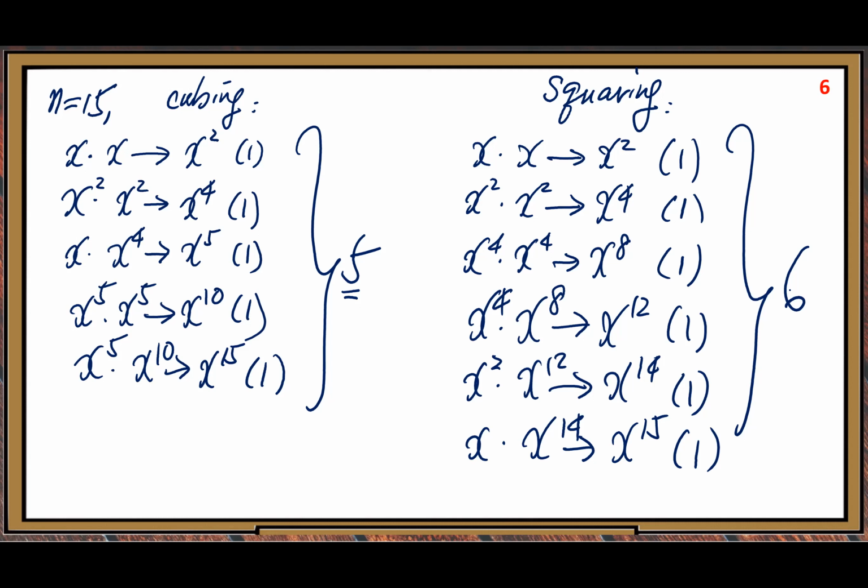Another example, 27. 27 is a power of 3, so definitely repeated cubing can take the most advantage. If you try repeated squaring, you need more multiplications.